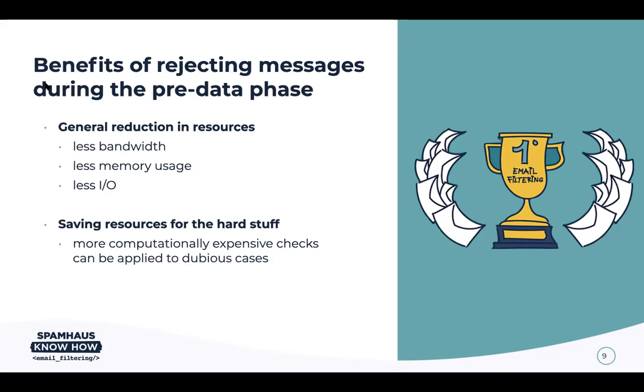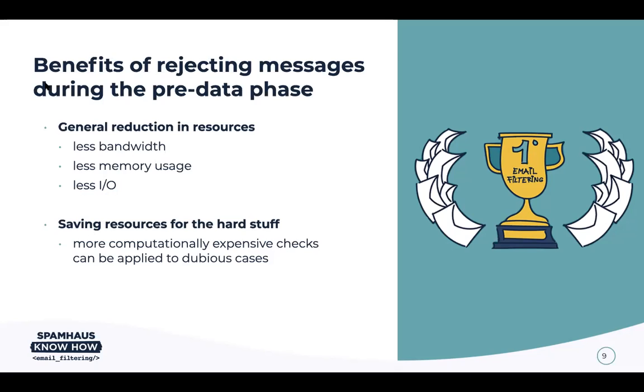There's the consideration of the more general protection of your infrastructure against spam campaigns. There are cases where you will get a lot of emails in a very short amount of time, which might overload the messaging systems that you have, and in case where there's a lot of content to be worked with, that's obviously the most resource intensive phase of the whole process.